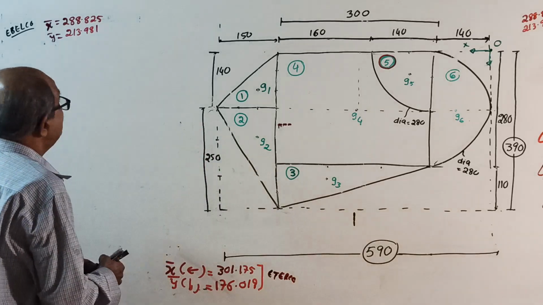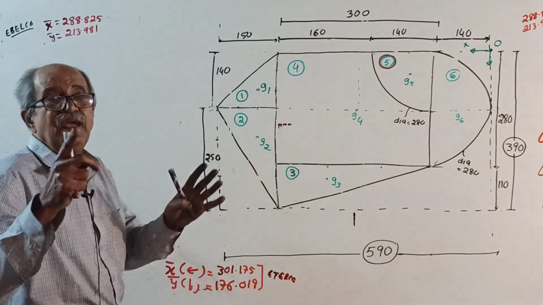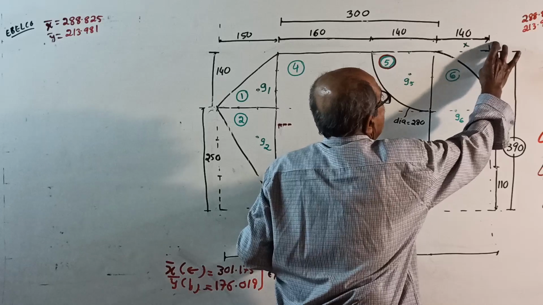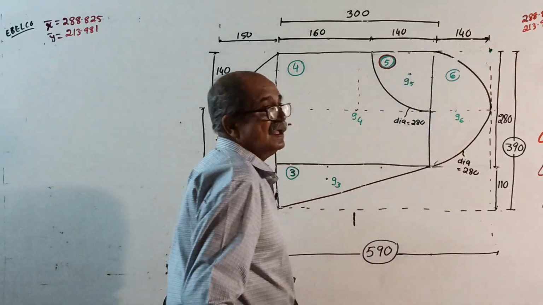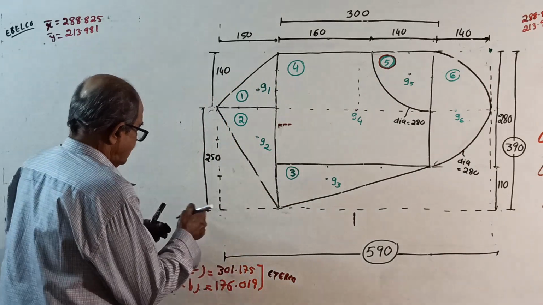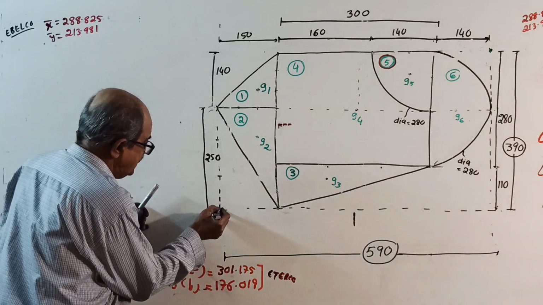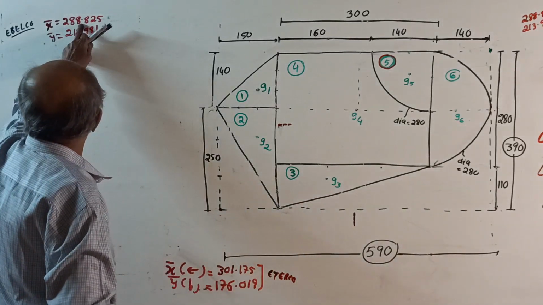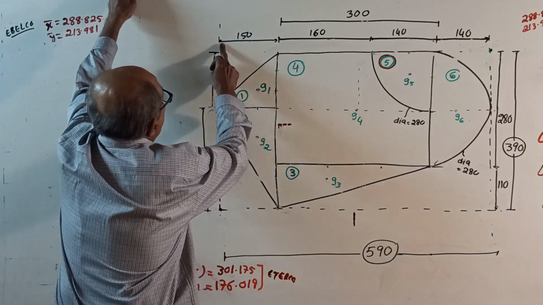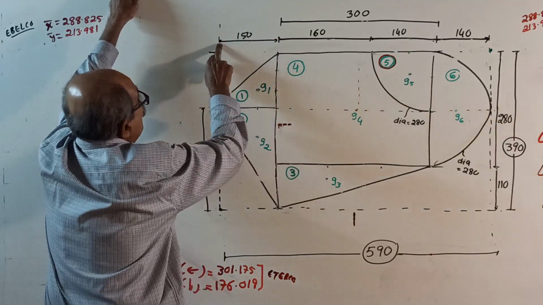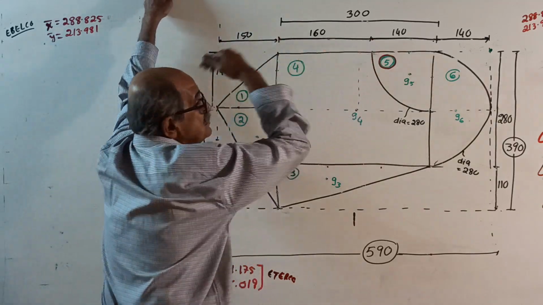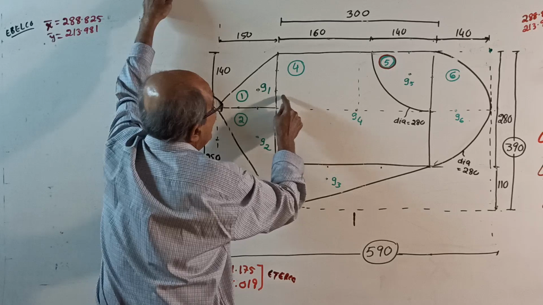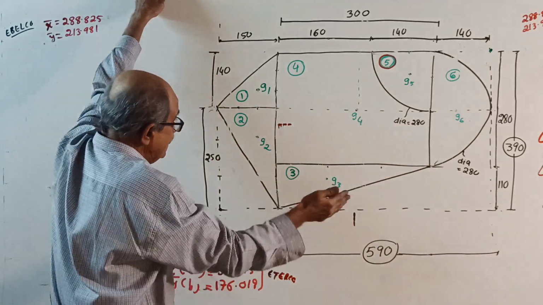Now see there. Imagine. I will remove all of this. You make a note. When you considered the origin here, with Abelco, your x bar came 288.825. 150, furthermore 150 plus 160, more, 310, comes this side. To this centroid, 150 plus half of 300, still this side.